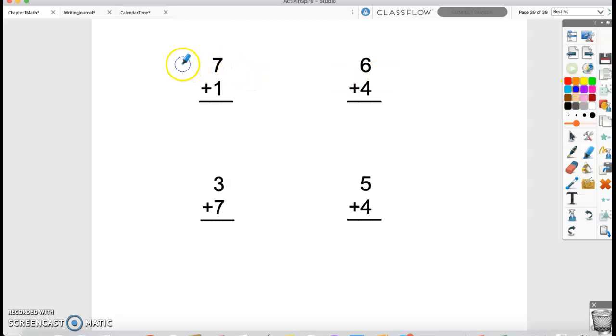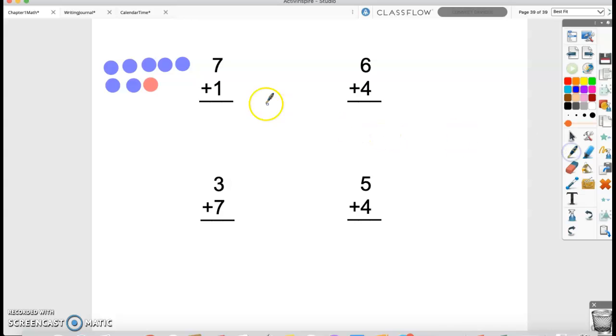I'm going to draw 7. 1, 2, 3, 4, 5, 6, 7. And I put 5 across and then 2 more. And that will help me see my 10 frame. And then I can put 1 more. So I know I have 2 missing in my 10 frame.